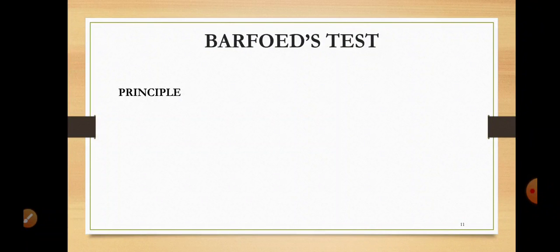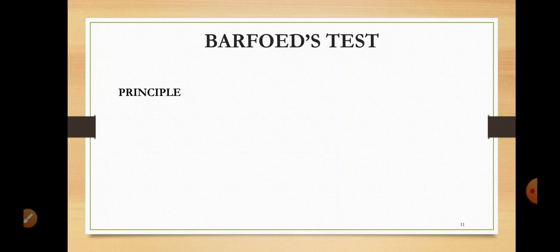He was a Danish chemist. This is used to distinguish between monosaccharides and disaccharides. No doubt they are reducing sugar identification tests, but we need to further differentiate the reducing sugars as monosaccharides and disaccharides. In that, this Barfoed's test is very much useful.